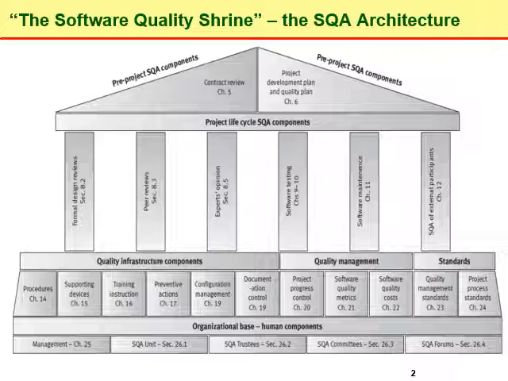These three are in fact very important components for quality management, because if we see the project progress control, it is about tracking or monitoring the progress of the project to ensure that it does not deviate from its initial plans. So the second one is software quality metrics. A quality metric is in fact a measurement that is used to evaluate the software quality in a system.